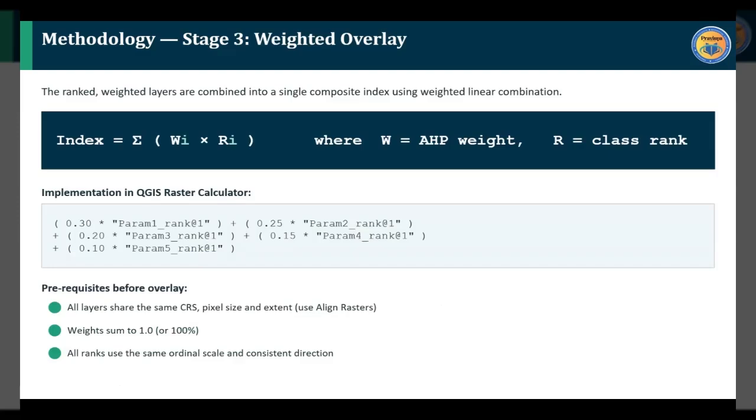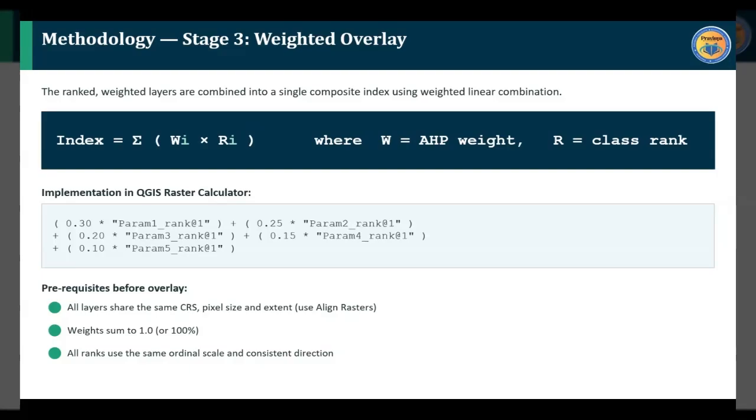Then we have weighing. Now, what ranking does is put all our parameters on the same scale, that is normalization. But it will treat them as equally important.